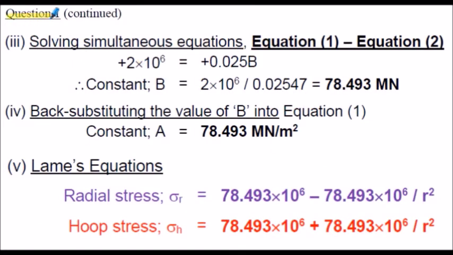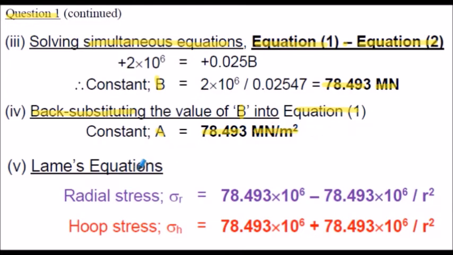So question 1 continued. Solving the equations simultaneously, we have equation 1 minus equation 2. Solving, that gives a value of constant B equal to 78.493, and that's meganewtons in this case, or times 10 to the 6. If we back substitute the value of B into equation 1, you can use any equation you want to, we find that constant A is 78.493, and that's meganewtons per meter squared.